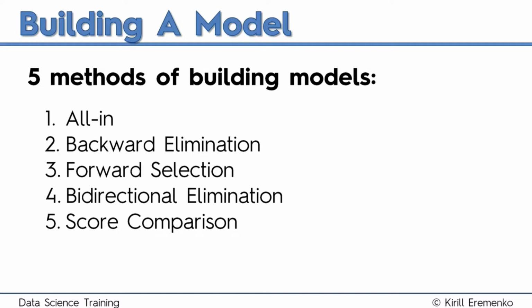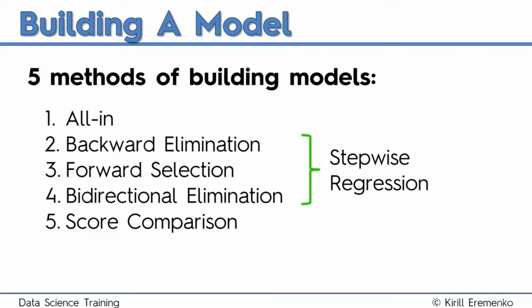Before we do, I wanted to say that sometimes you'll hear stepwise regression. So stepwise regression actually refers to number 2, 3, and 4 because those are really the true step-by-step methods. But sometimes you will hear people say stepwise regression in reference to just number 4. So they will replace bidirectional elimination with stepwise regression, and that's fine.